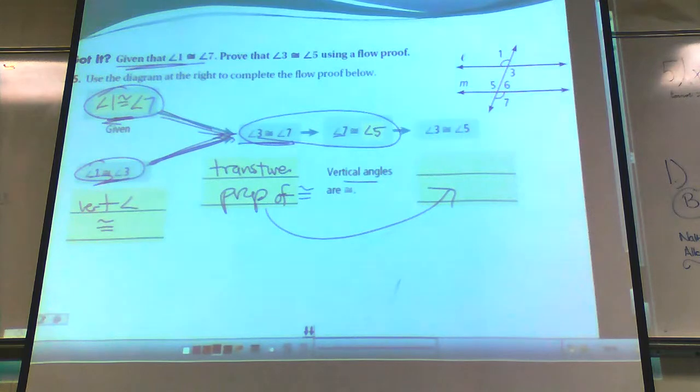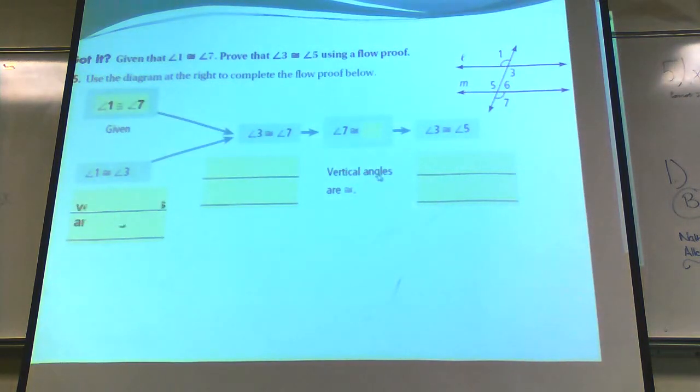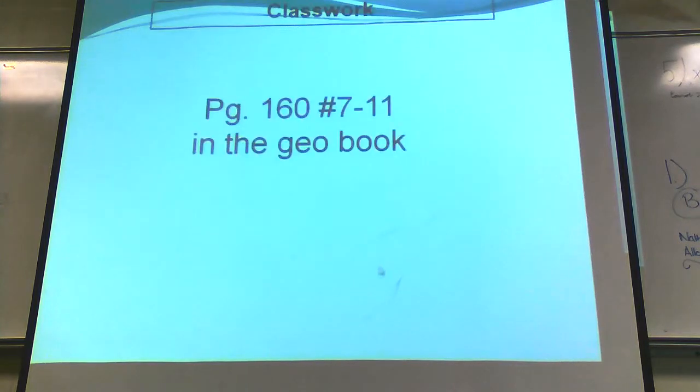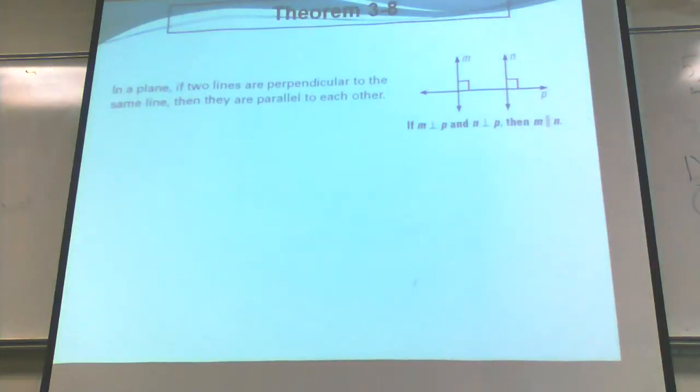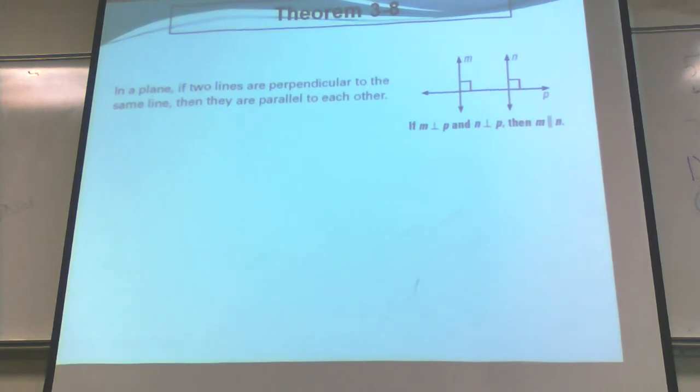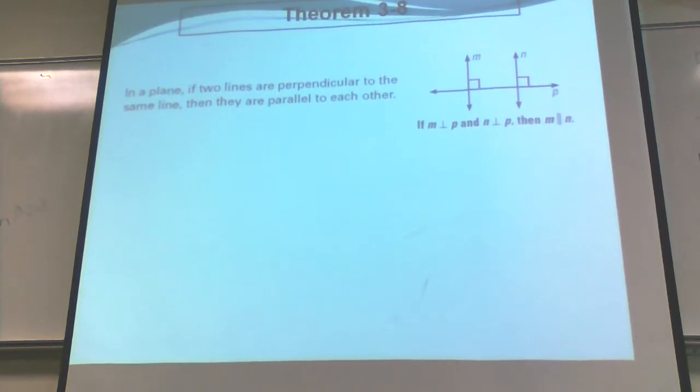All right? Okay, so what I want you guys to do, this is in the geometry book, in your regular book. You can, if you want to put another name to it, you can. So guys, if you want to look in that little companion thing, on pages 71 and 72 are all these theorems.